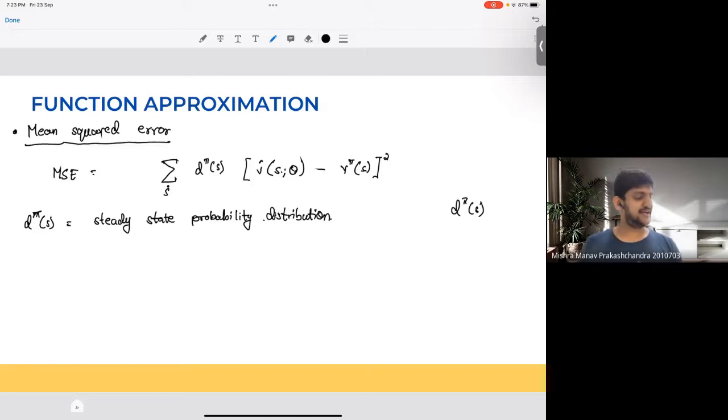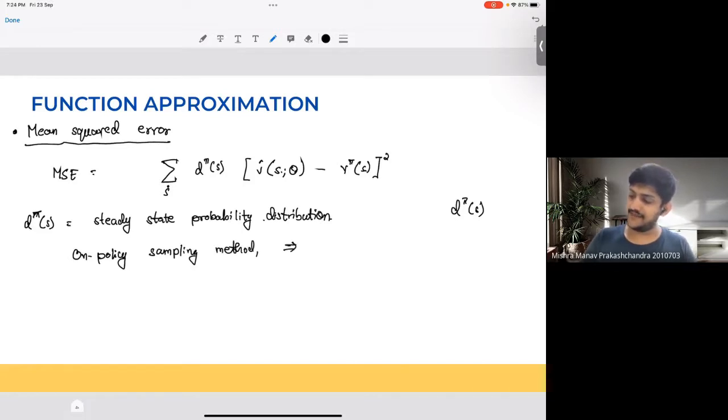The way to do that is by using on policy sampling. Okay, not online, this is on policy sampling. By using an on policy sampling method, I can basically estimate my d pi.